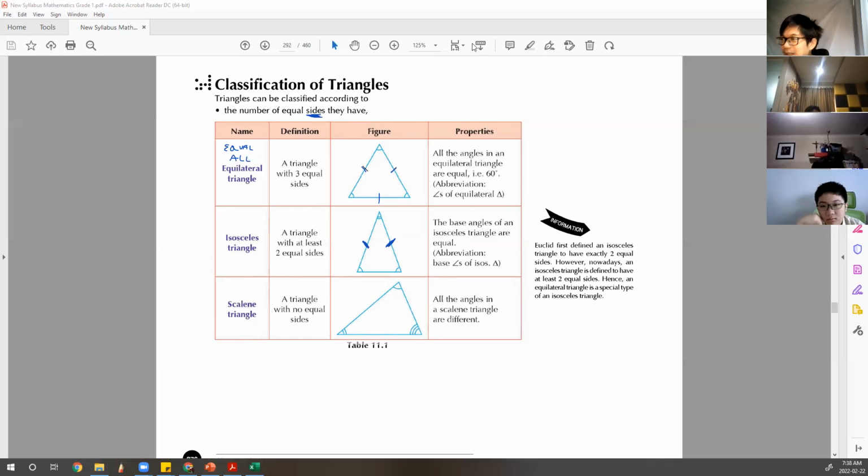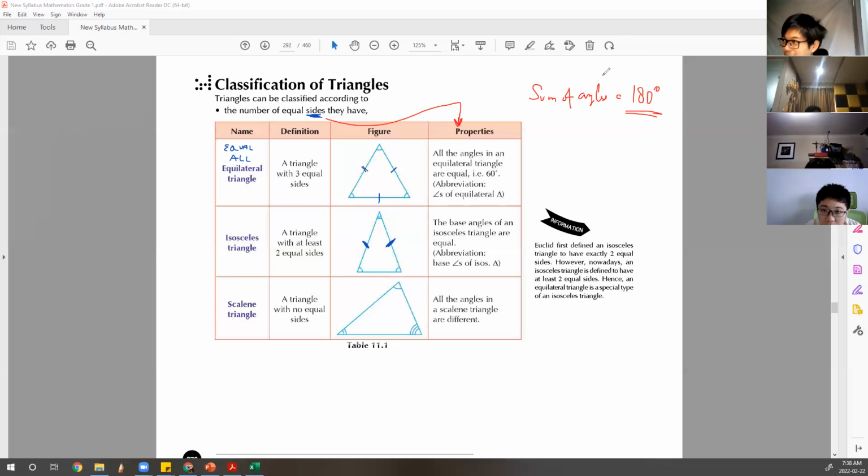How about the angles? For equilateral triangles, when all sides are equal, all three angles are also equal. You know the total of the angles in a triangle, right? The sum of angles in every triangle is 180 degrees.